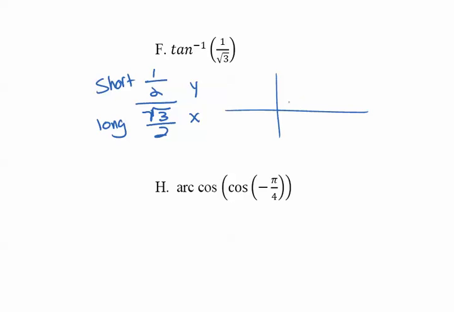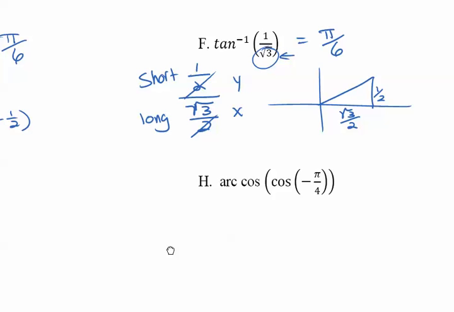So I hope you can picture where that would come from, where the short leg is the y-coordinate, the long leg is the x-coordinate. So the halves would cancel out whenever we do this. So if you have the square root of 3 in the denominator, you know that the long leg was with the x-coordinate. So I hope you're still not making tough work of those special triangles.